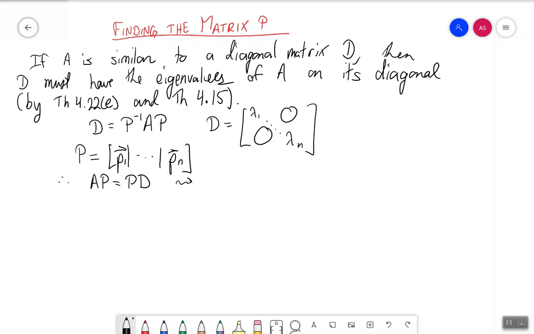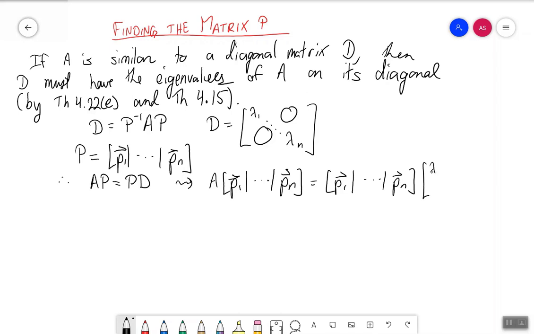So we get that A[P1 ... Pn] is going to be equal to [P1 ... Pn] times this diagonal matrix, lambda 1 through lambda n.